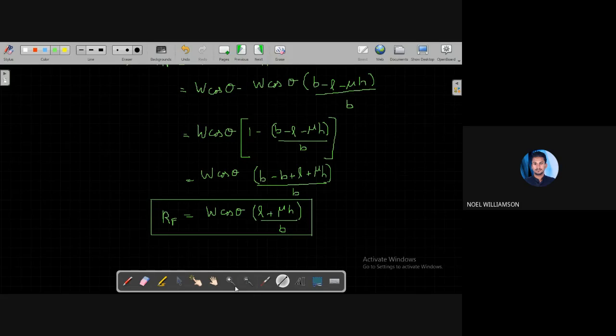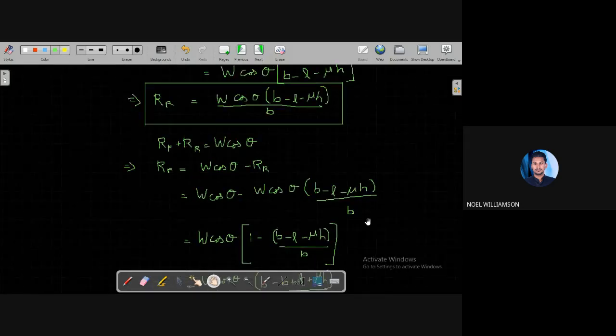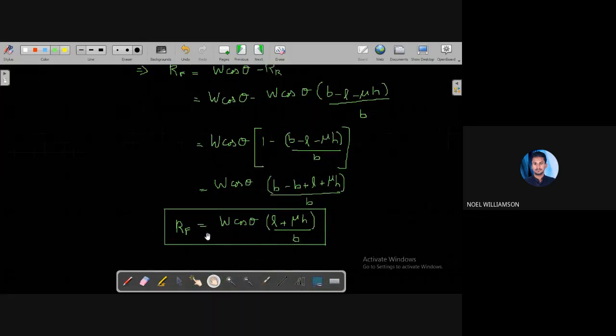So we got two relations for RF and RR. RR is W cos theta into b minus l minus mu h by b, and the reaction at the front wheel is RF equal to W cos theta into l plus mu h by b. These are the three cases where the brakes are applied to the wheels, and the equations regarding each case.